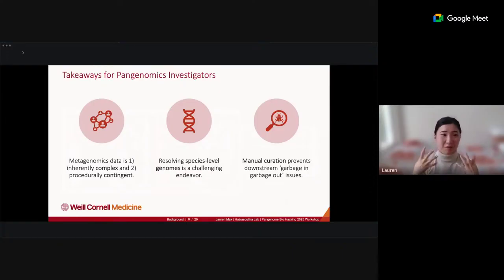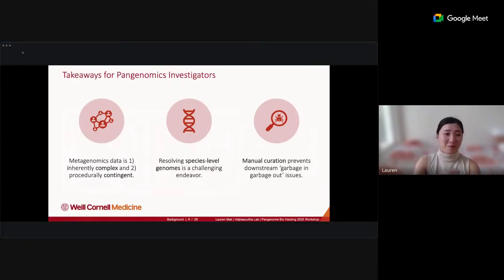The second issue is that even getting down to species identifications can be a really challenging endeavor. What I've talked about in the previous slides represents years and years of work.